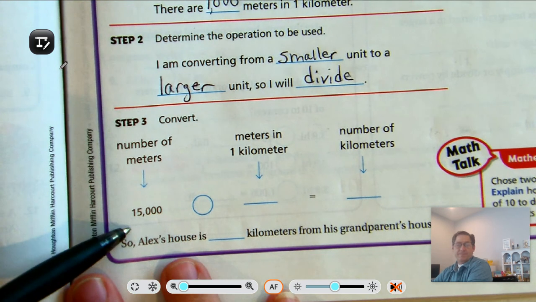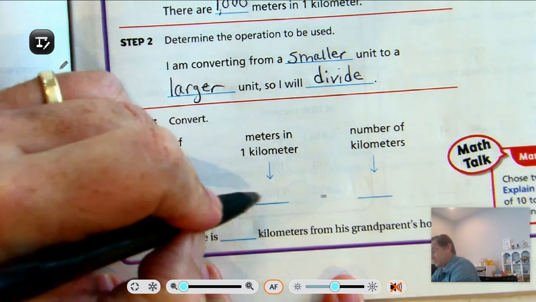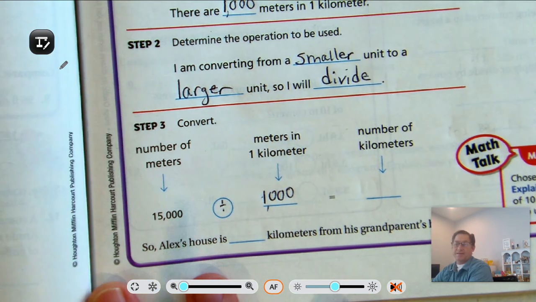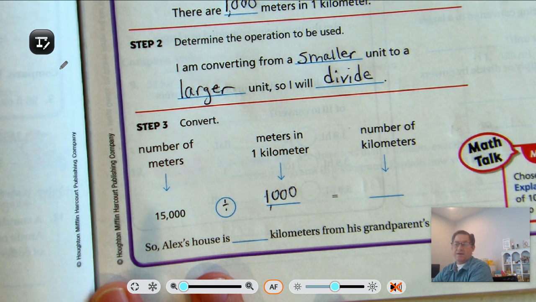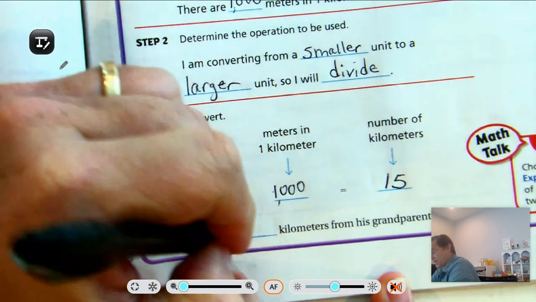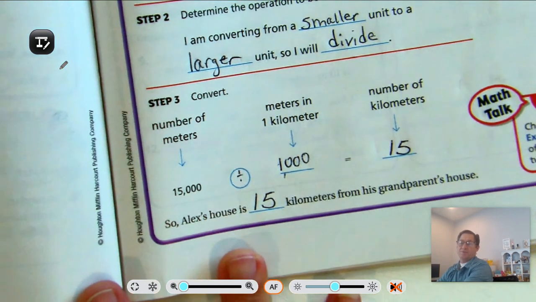Here we have 15,000, and we're going to divide by 1,000, the number of meters in a kilometer. So 15,000 divided by 1,000 is 15. So Alex's house is 15 kilometers from his grandparents' house.